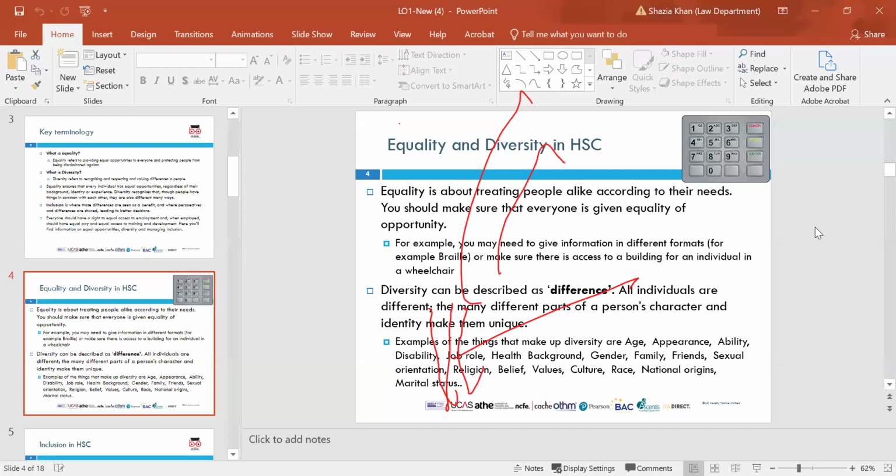So you need to make sure that everyone is given equality of opportunity. For example, you may need to give information in different formats, for example Braille, to make access possible. Equality within the healthcare sector also means that everyone in the care setting is treated equally regardless of their abilities, lifestyle or beliefs.